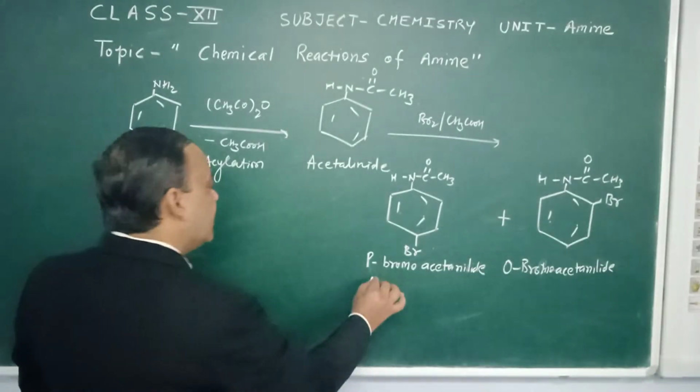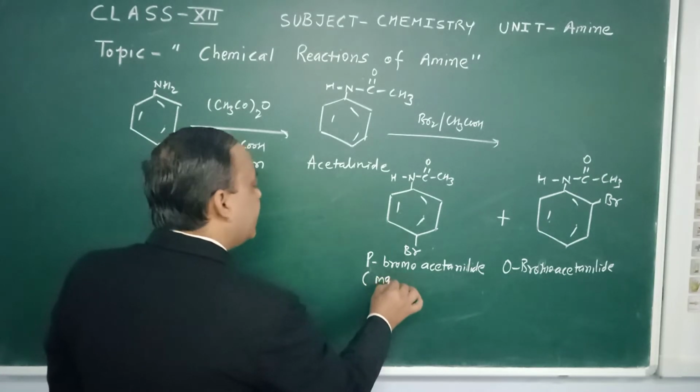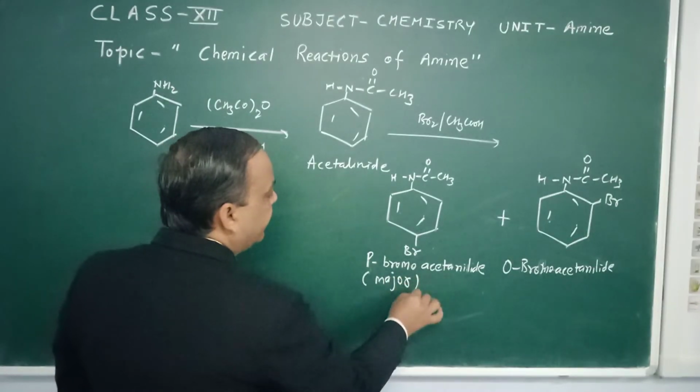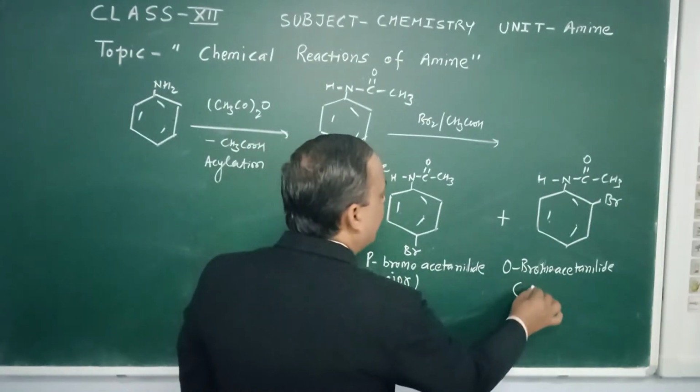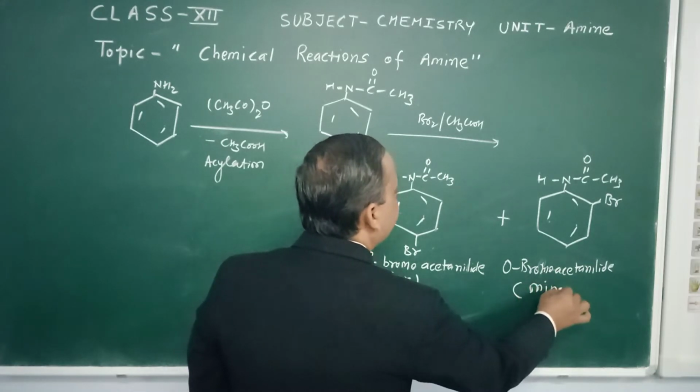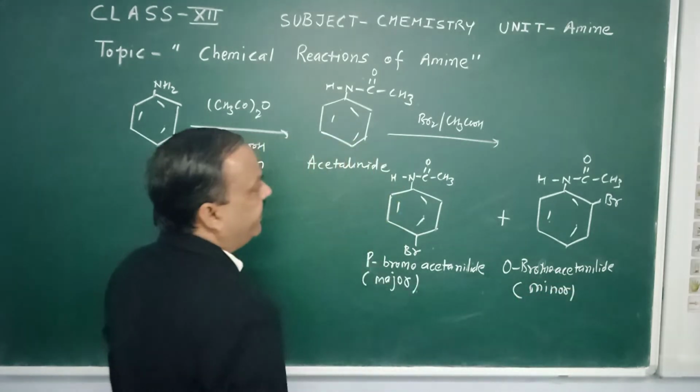The para-bromo product is formed in major quantity, and the ortho-bromo product is formed in minor quantity.